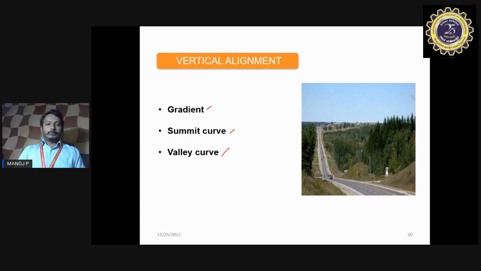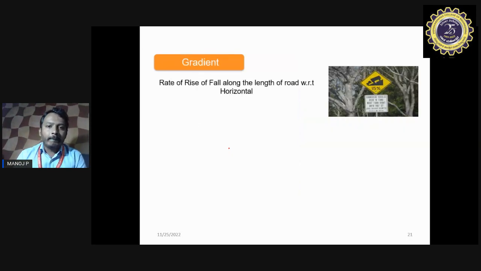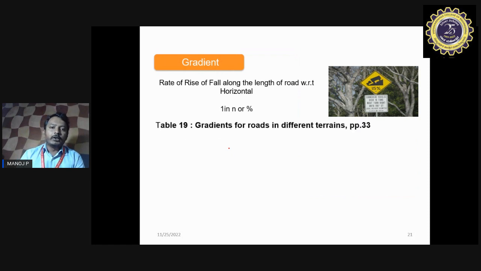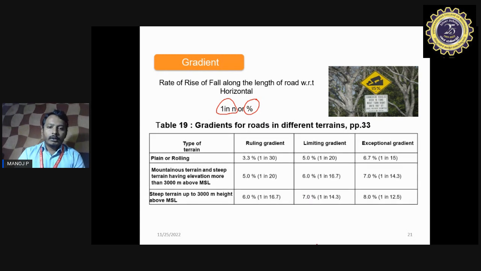When there is a rise or fall with respect to the horizontal, then you call that gradient. It can be expressed either in terms of 1 in n or in terms of percentage. You should know this.